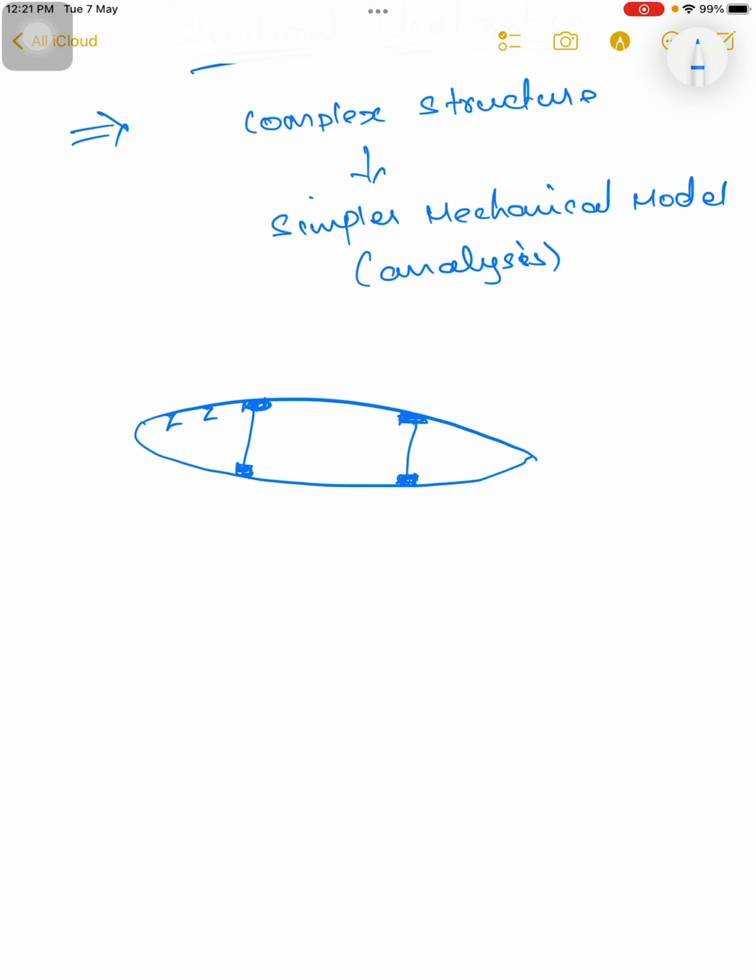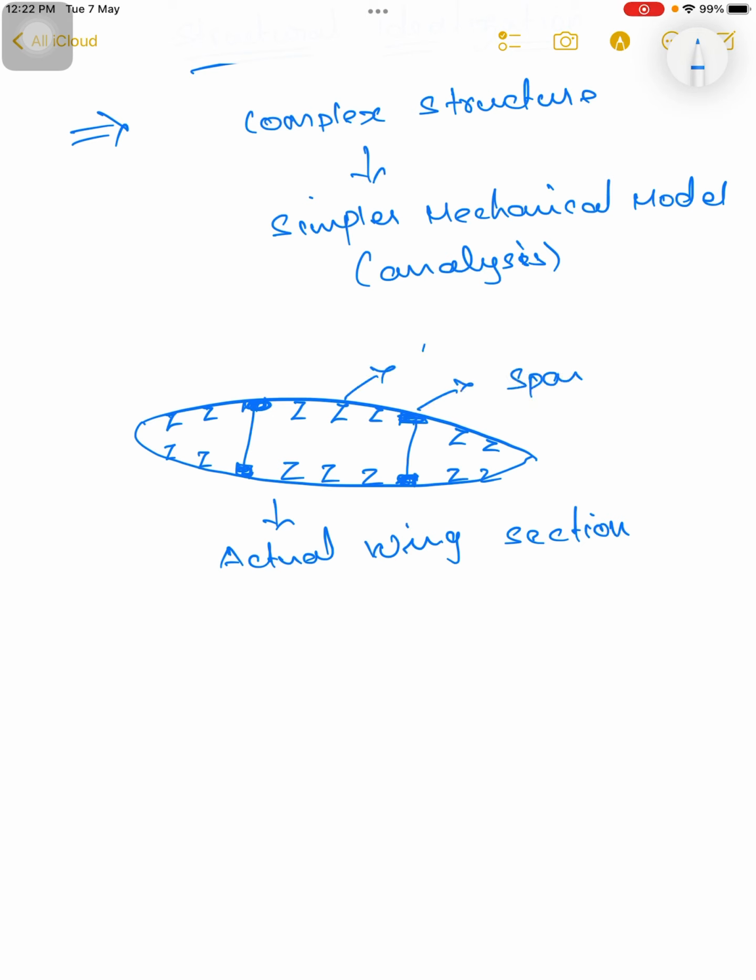So I mention it like this. It's a replica of our actual wing section. This is a spar and this is a stringer.